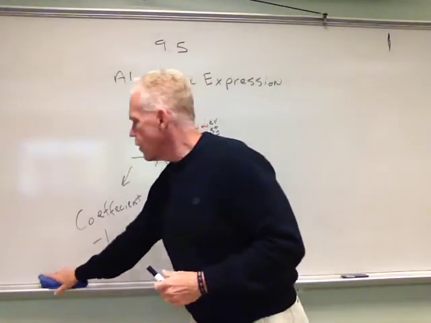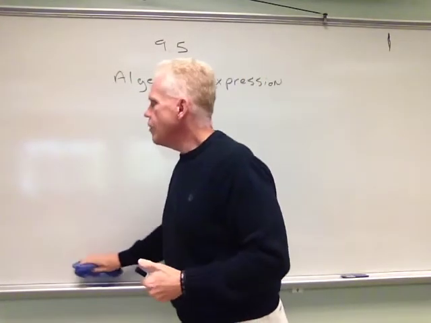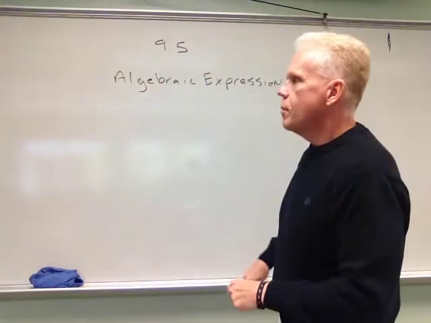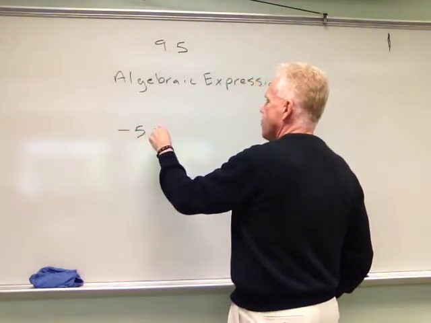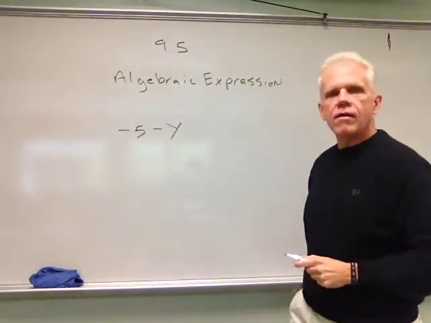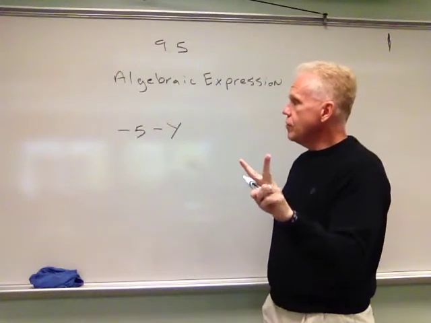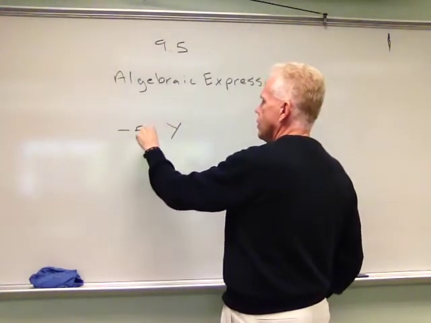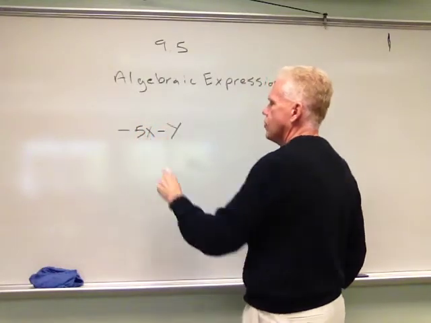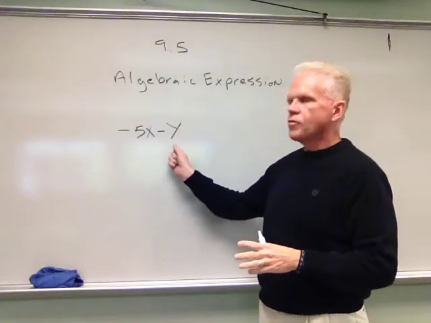Let's throw out a couple other examples of algebraic expressions. This time let's put a two-term expression up here. Let's say we've got -5x minus y. Oops, I left out my x. I knew I'd done something that didn't look right. -5x minus y. All right, so what we have here, guys, is a two-term expression.